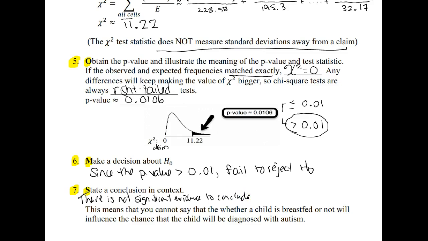And if we go back and just look at what we wrote for HA, we are going to say to conclude that breastfeeding timeline and autism are dependent. So this means that we can't say that whether a child is breastfed or not will influence the chance that the child will be diagnosed with autism.